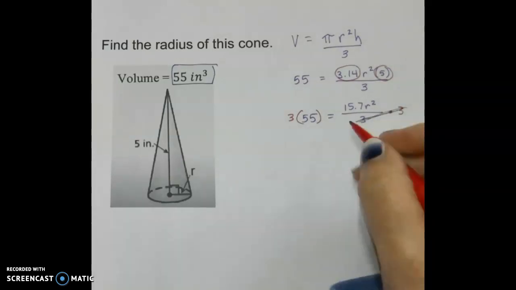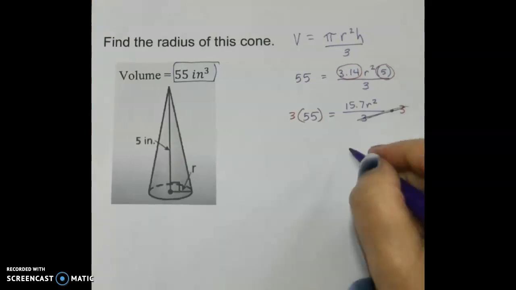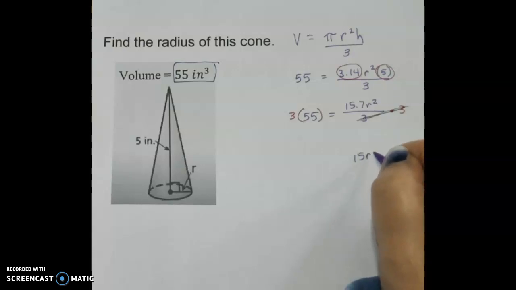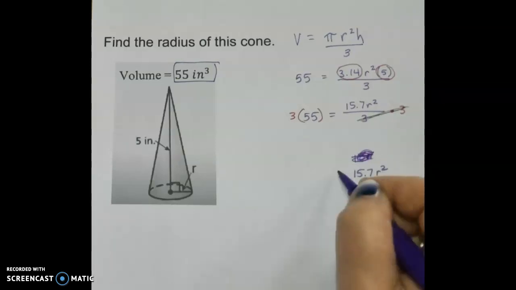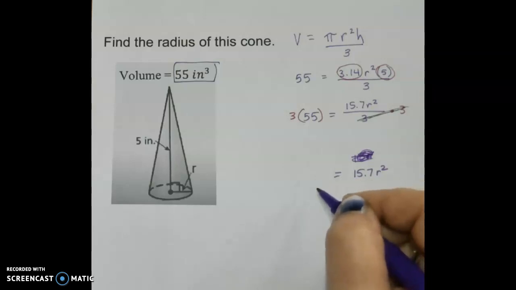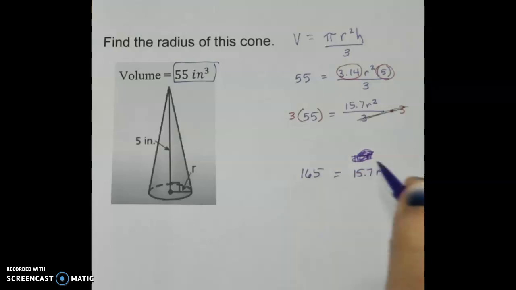So that leaves me with 15.7 r squared on the right. Oops, 15.7, that's a little messy. Sorry about that. 15.7 r squared is going to be equal to 3 times 55, and 3 times 55 turns out to be 165.